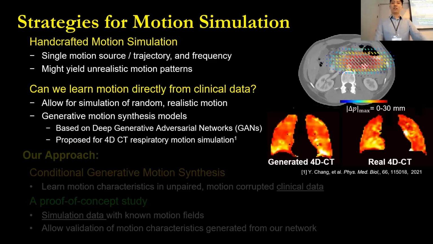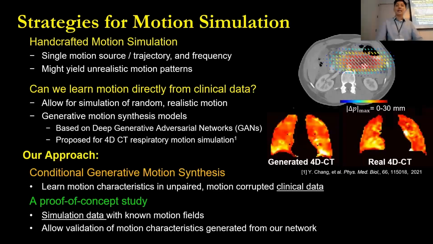There have been some works on this topic. For example, there's one about simulating periodic respiratory motion in XCAT imaging with some very interesting results. But this method requires 4D patient CT as a reference, which is not usually the case for interventional imaging.